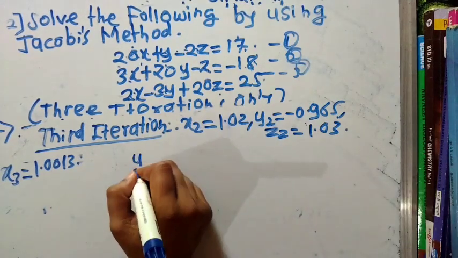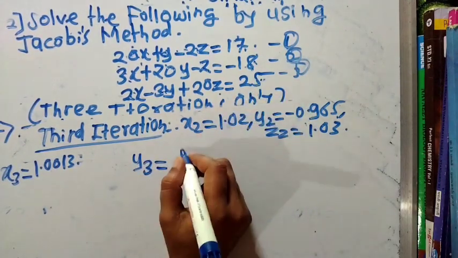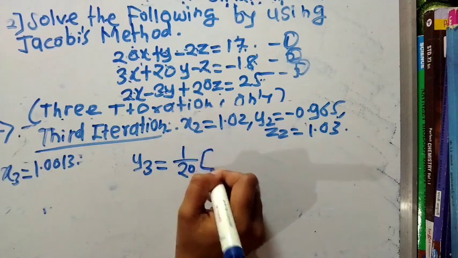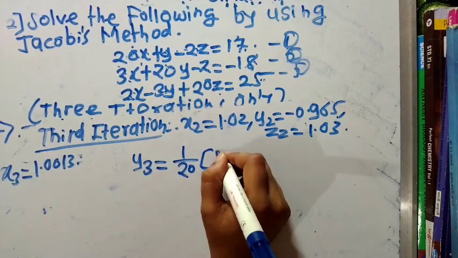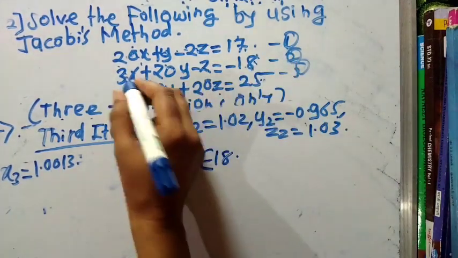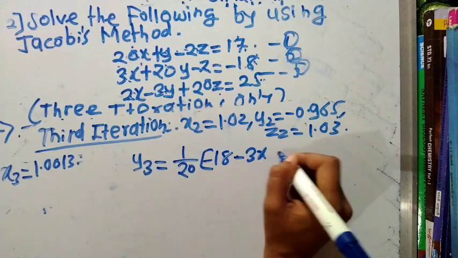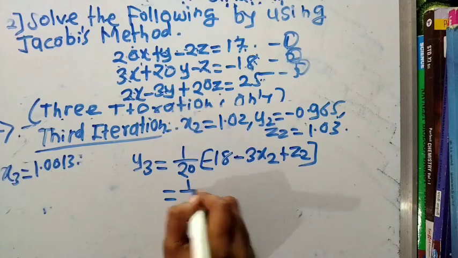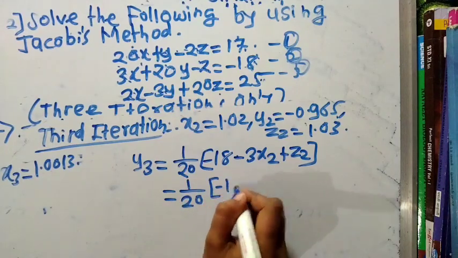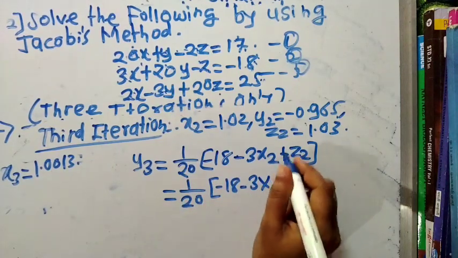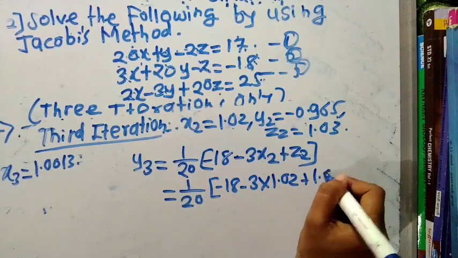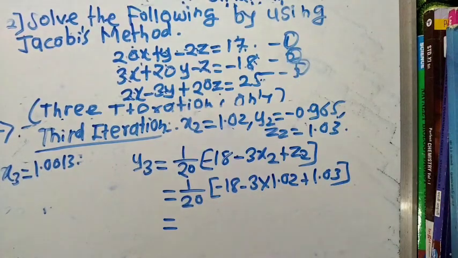Then find out y3, which is equal to 1 divided by 20, minus 18 minus 3x2 plus z2, which is equal to 1 divided by 20, minus 18 minus 3 into x2 plus z2, which is 1.03. So find out its value.